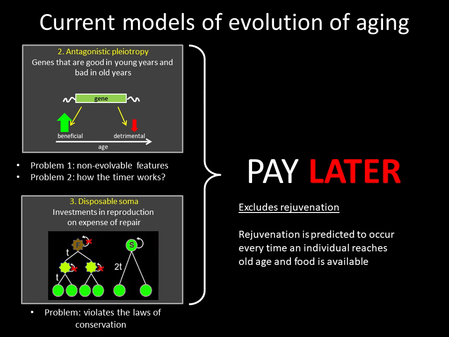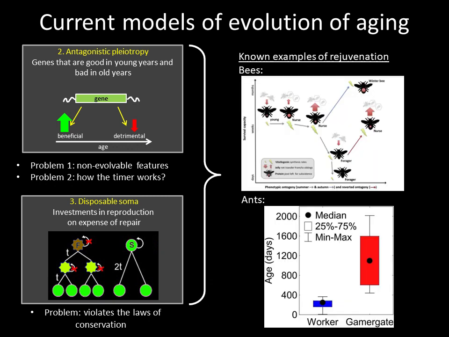Okay, but is rejuvenation around in nature? It's not that frequent, and that's why this argument is not often brought up. But there are examples of rejuvenation. I think the last speaker will tell more about it. But most of them are found in eusocial insects. For example, bees have foragers that live very short and nurses that live longer.